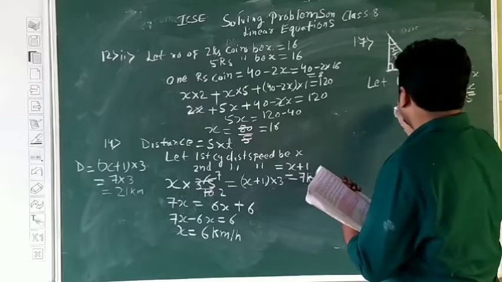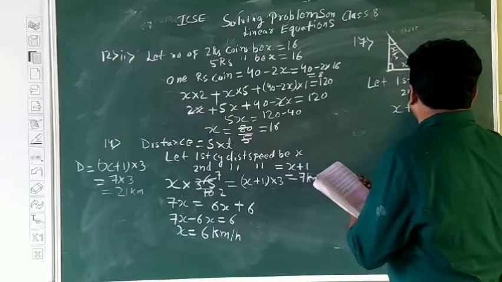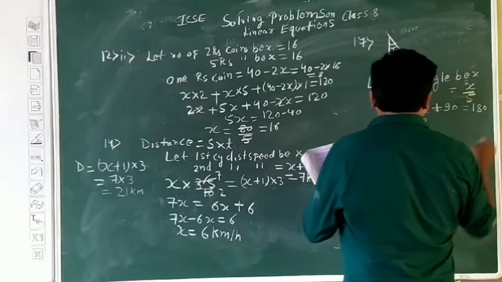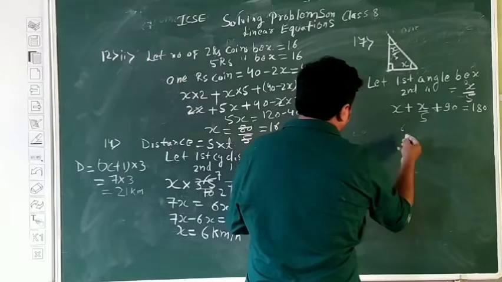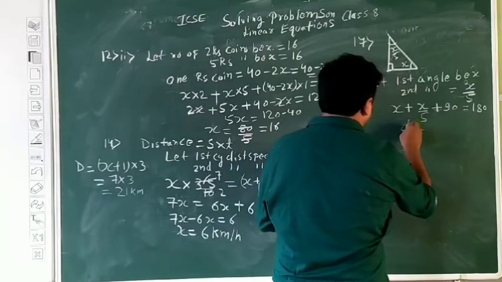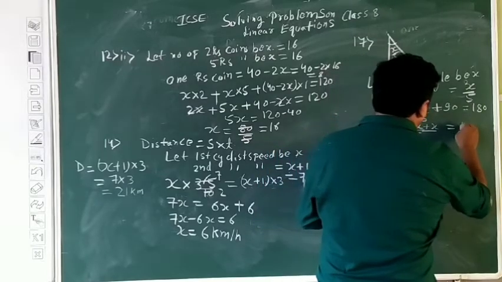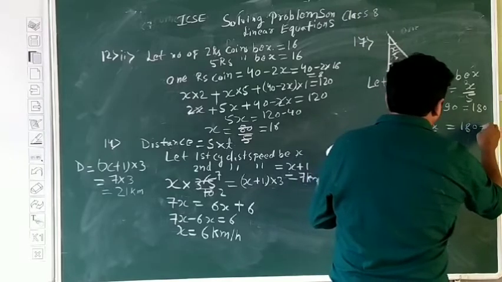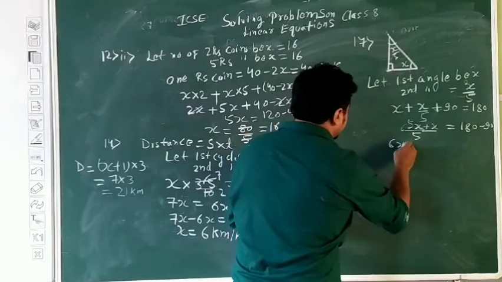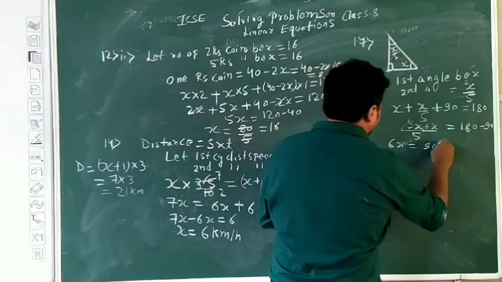So from here we can get x plus x by 5 plus 90 equal to 180. Taking the LCM, which is 5, we get 5x plus x equal to 180 minus 90, multiplied by 5. So 6x will be equal to 90 into 5.